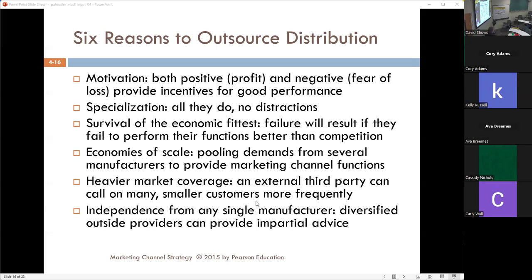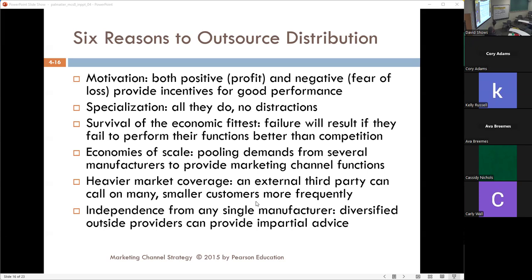If I'm a wholesaler and I focus on mom and pop stores, I can cover that area much better, especially geographically, than the manufacturers can, because quite simply, they're too far away. They don't know what it's like to live in the retail environment. And the last is independence, okay?